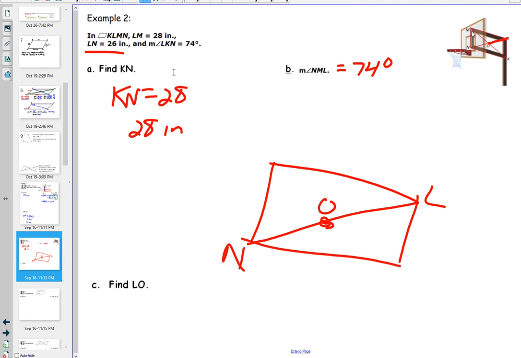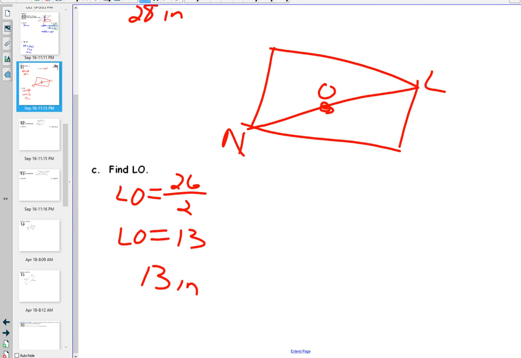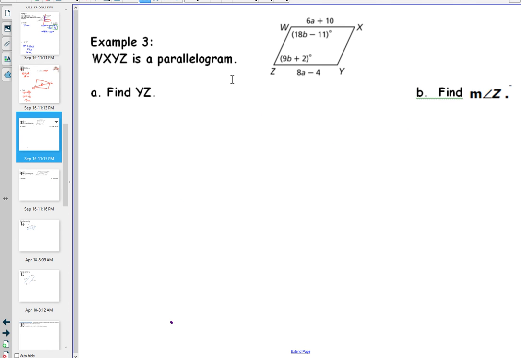Divide by 2. So LO is 13, and the unit is inches. Any questions there?